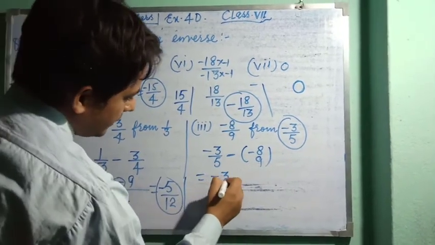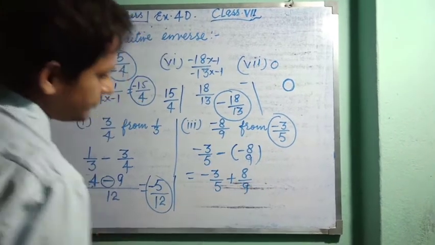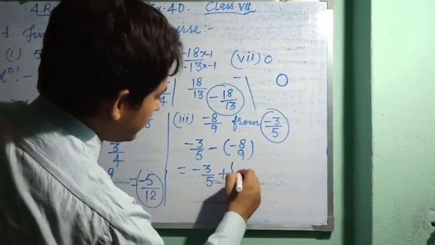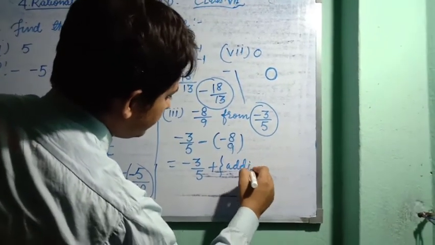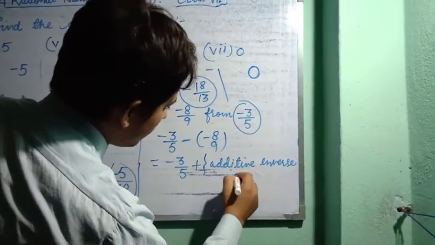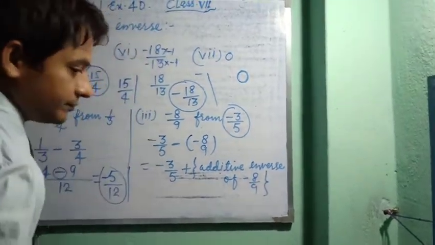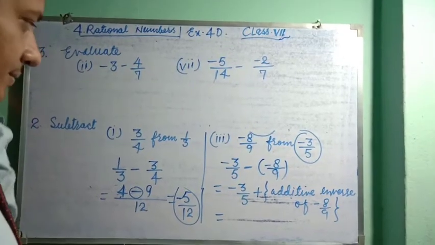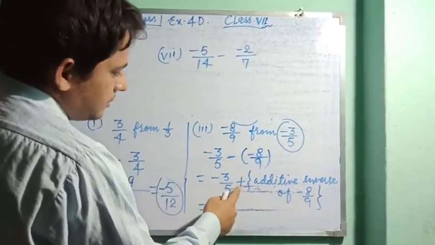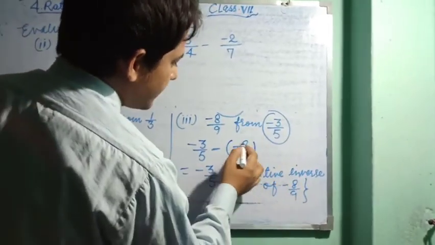Now this is minus 3 by 5, here minus into minus is plus, so we can write this as plus, or the additive inverse of minus 8 by 9. So friends, see, this can be written as minus 3 by 5 plus the additive inverse of minus 8 by 9.